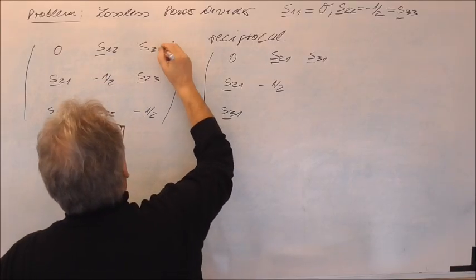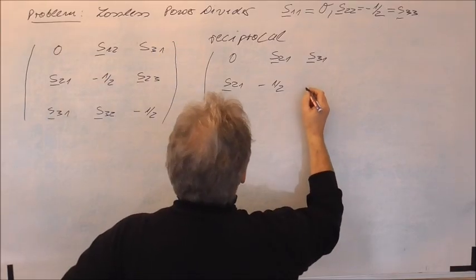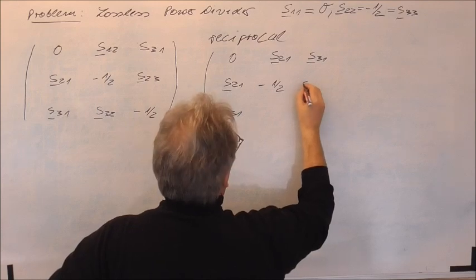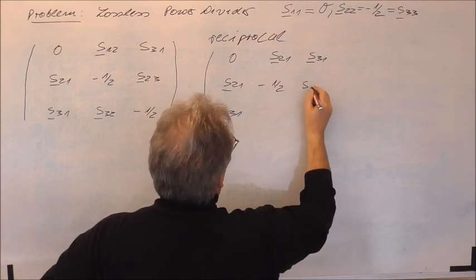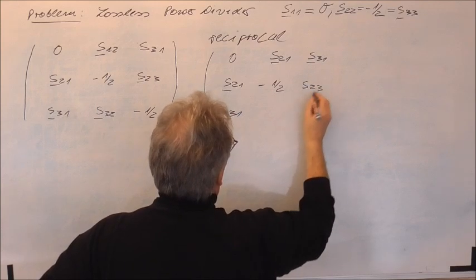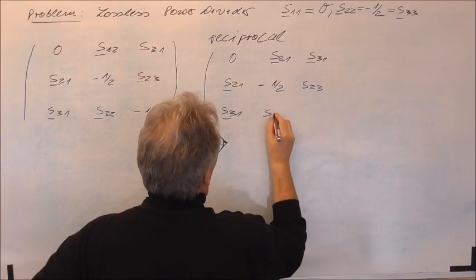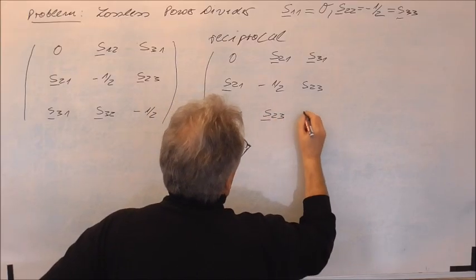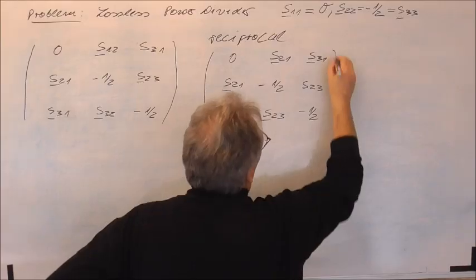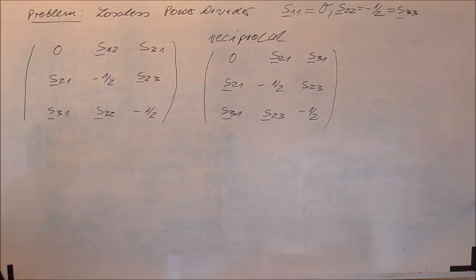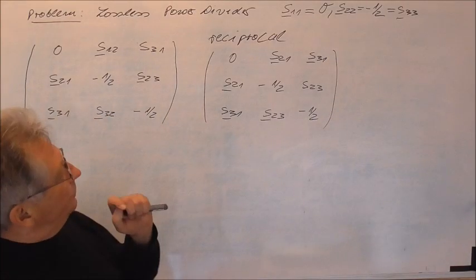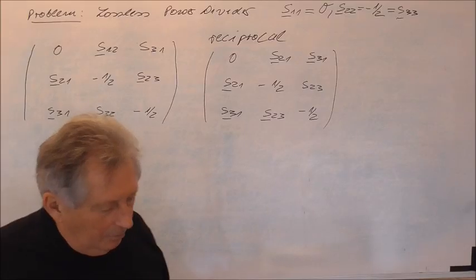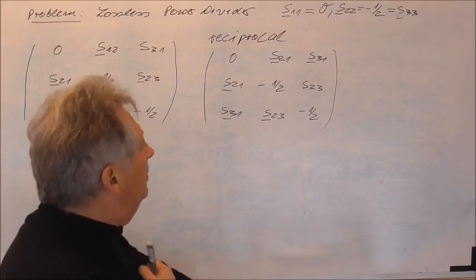This must be 1 here, sorry. And here we have S23, and here we have minus 1/2. So, and of course, now we can also account for the symmetry.